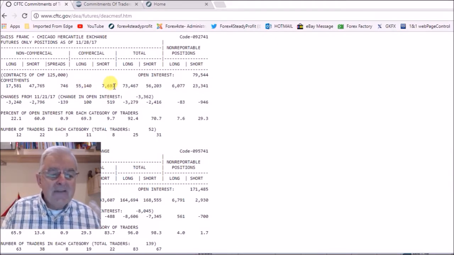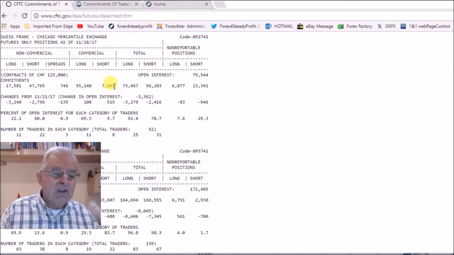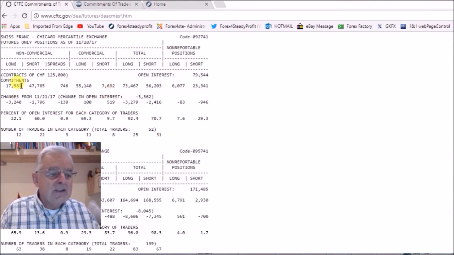So for every 7 contracts they've got out long, they will have 1 contract short. Conversely, on the other side, the non-commercials, the speculators, they have more short contracts than they do long. So there is a divergence between the two, and we will have a look now on the graph to see how that pans out.